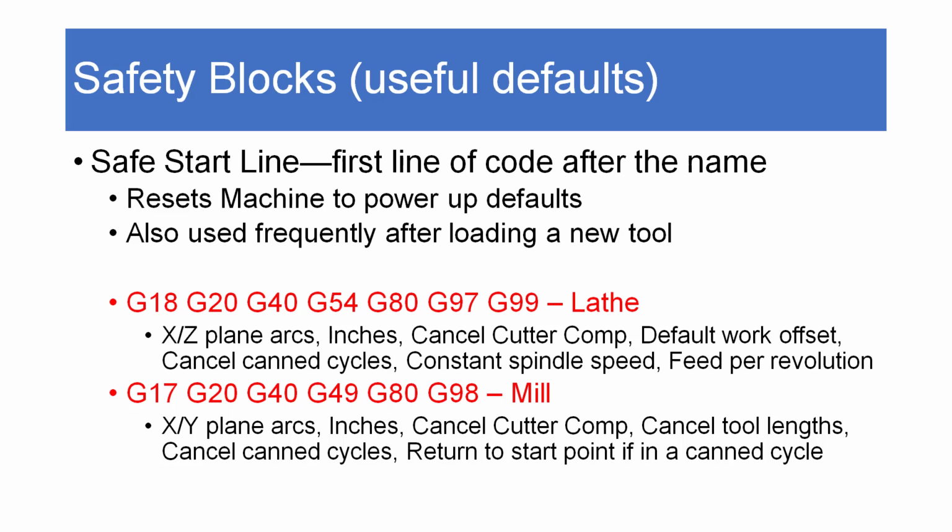Now, after we cover the basic structure, we're going to talk about the idea of a safety block, and these are useful defaults. These are essentially defaults to make the machine reset to a condition just like you just powered it up.